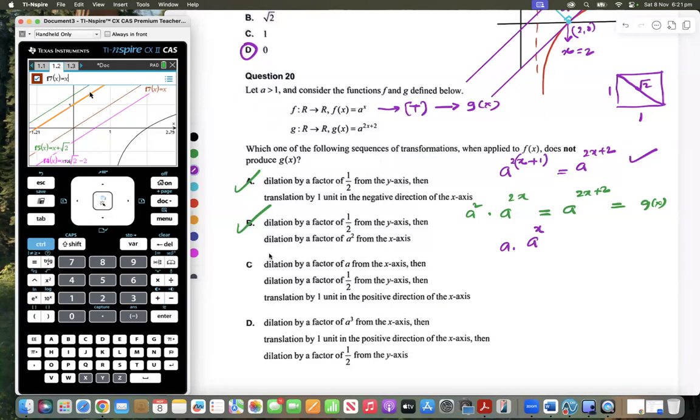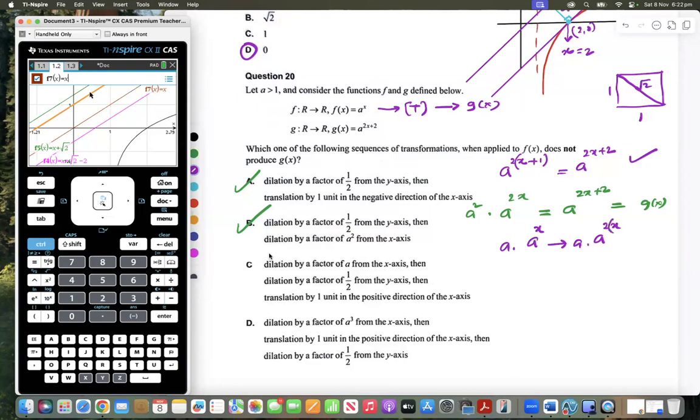Then dilation by a factor of half from the y-axis. So then I have a here. So this is my graph, which is a to the power of 2x. Then translation 1 unit in the positive direction, which is negative 1, right?